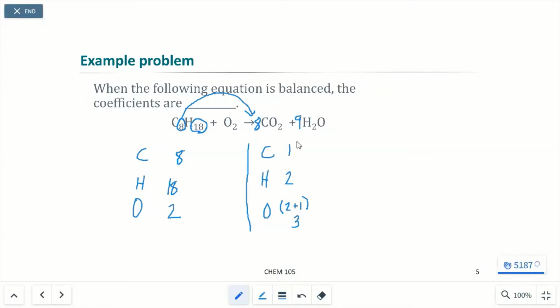Now that I've changed coefficients, I need to change my accounting here. So I now have 8 carbons, 18 hydrogens. So far, so good. And we've gone to 8 times 2, so that's 16 plus 9, total of 25 oxygens.